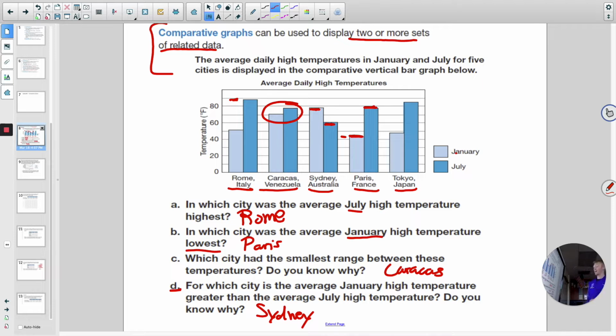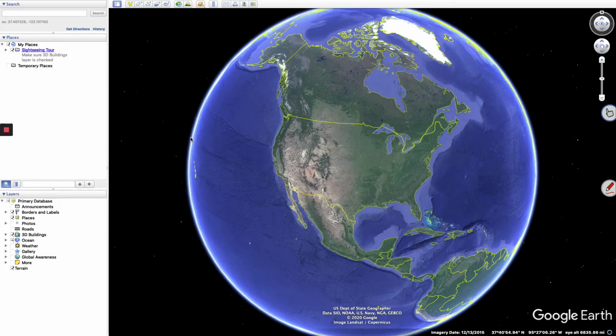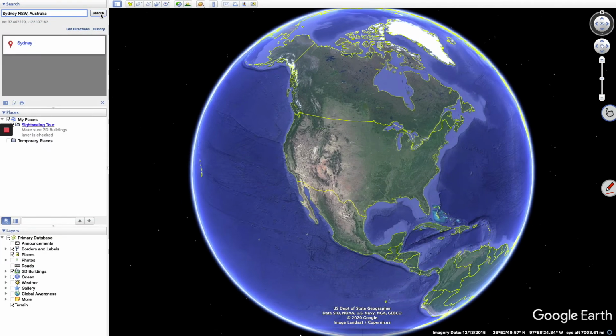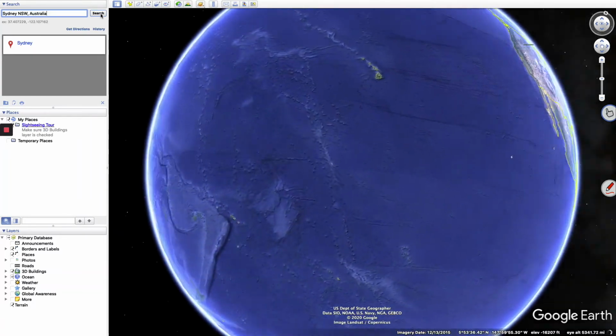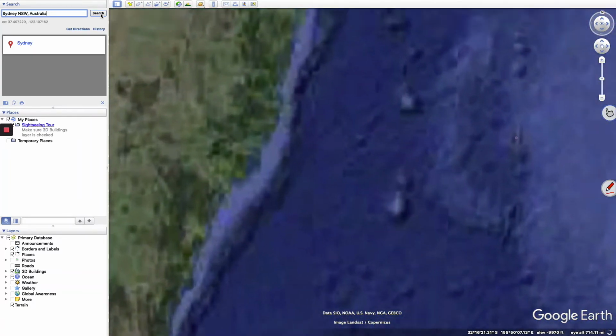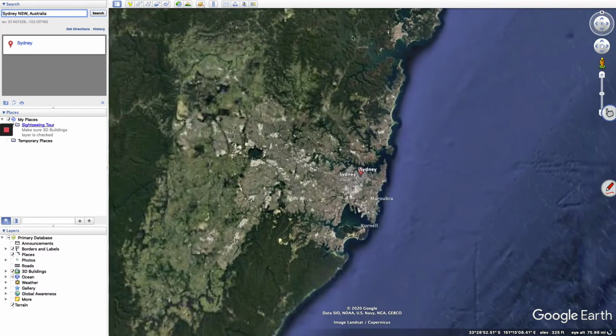Now, why would it be hotter in January in Sydney than it would be in July? Well, if you take a look, now we're in Google Earth. This is America, obviously, where we are. But if I type in Sydney, Australia, search, now it's going to take me over to Sydney, Australia. Okay, now that's pretty close.